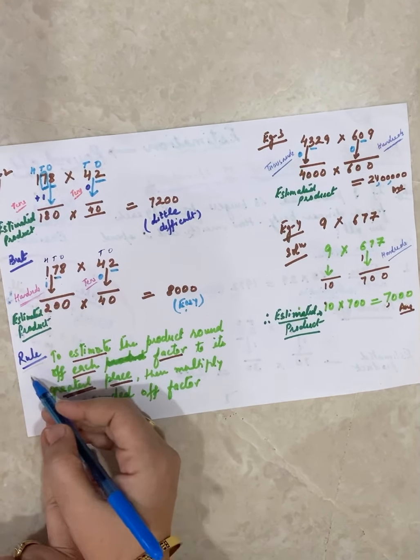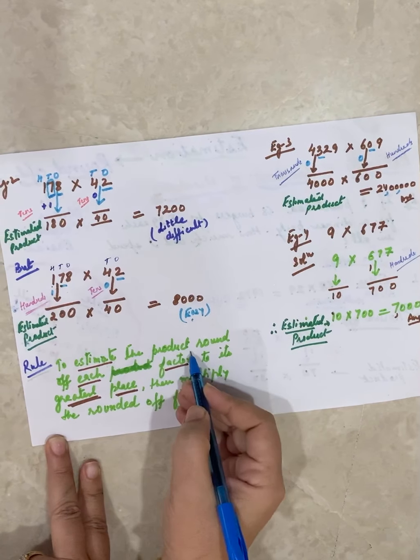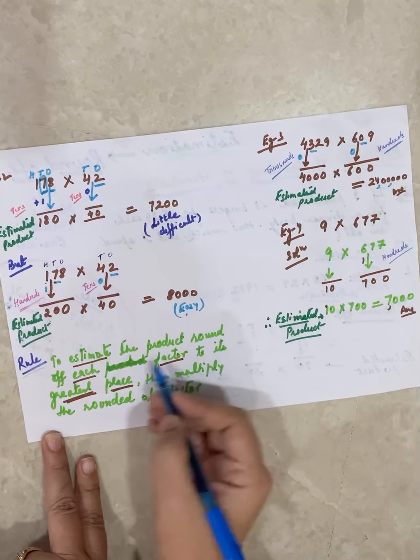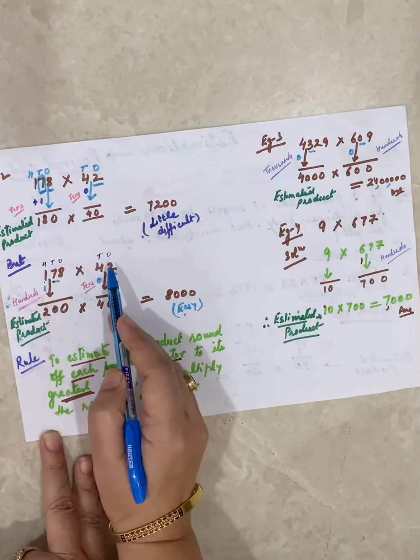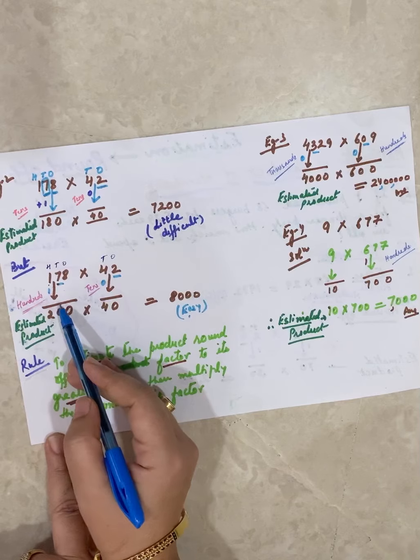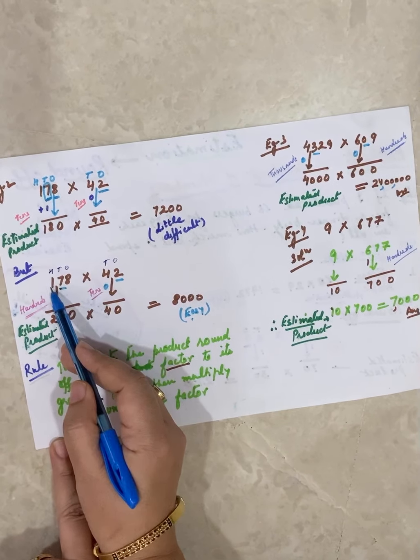So what is my rule to make our calculations easier? To estimate the product, round off each factor to its greatest place. We have to round off each factor to its greatest place.